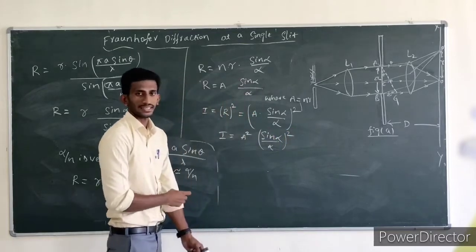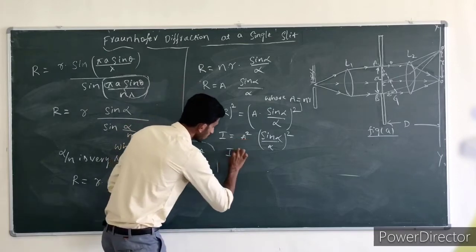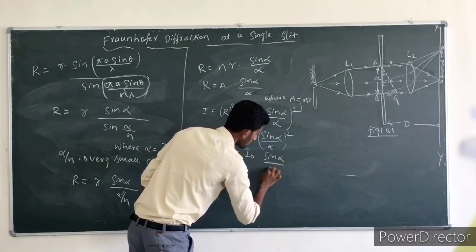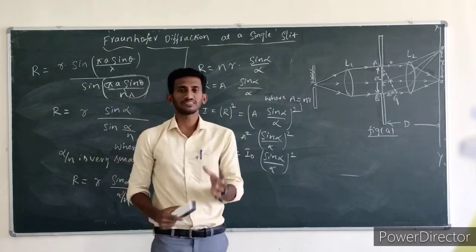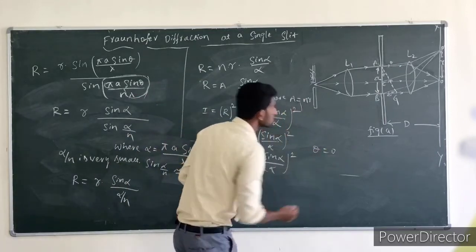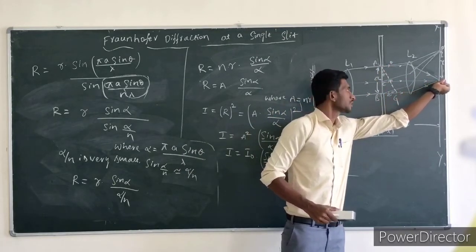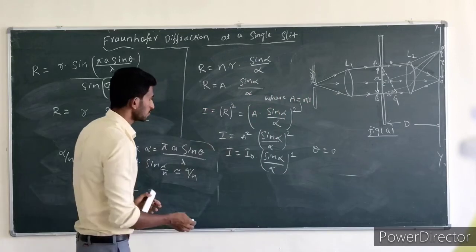Now this can be written as I is equal to I naught into sin alpha by alpha whole square. Here I naught is nothing but the maximum intensity, only when theta is equal to 0. Theta equal to 0 means that you will get the central maximum or principal maximum.